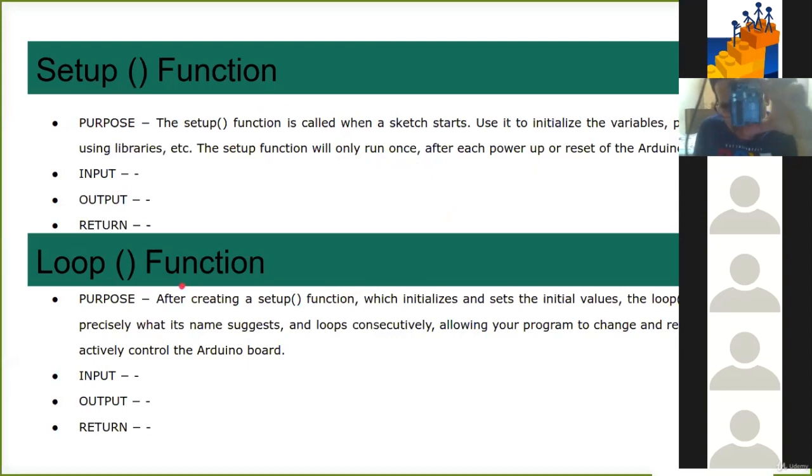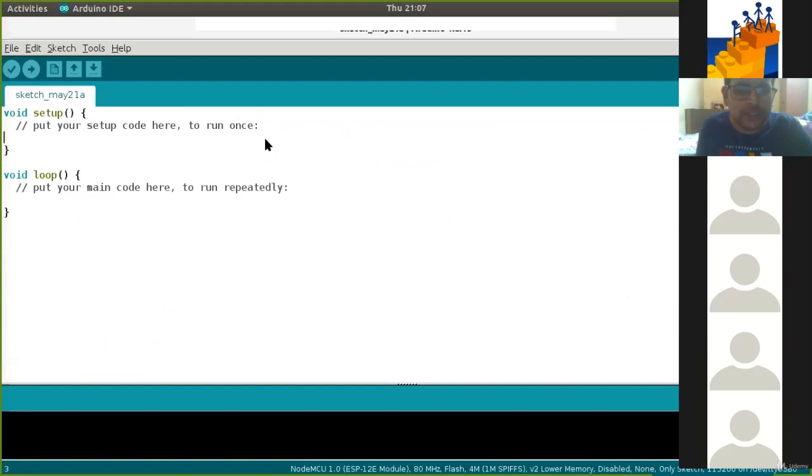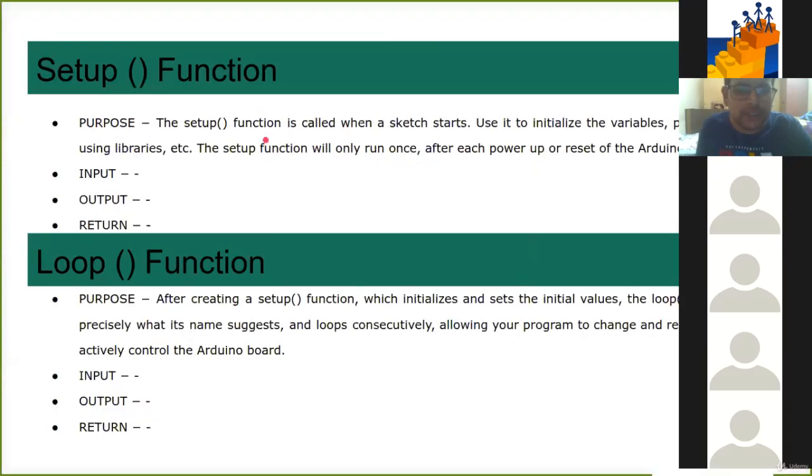Whereas when you come to the loop, this is an infinite loop. Now we had seen in Python that we can use something called infinite loops. How do we create infinite loops in Python? We can create an infinite loop using a while.